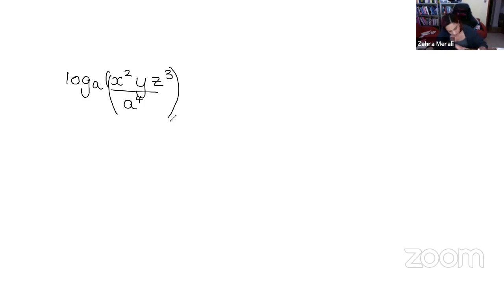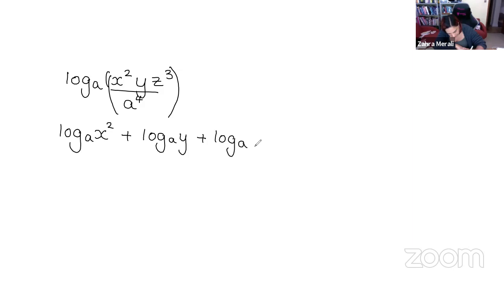So what we're going to do is say that's the same as log a x squared plus log a y, because these are the bits that are multiplied, plus log a z cubed minus log a to the 4.